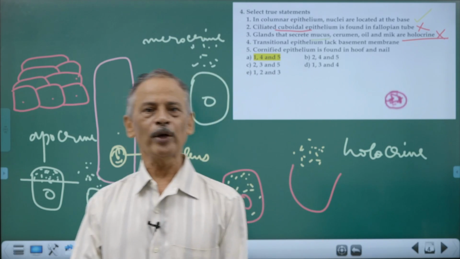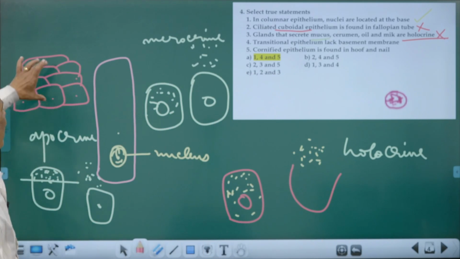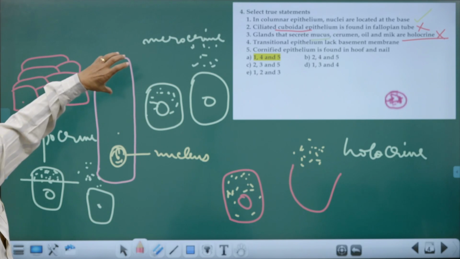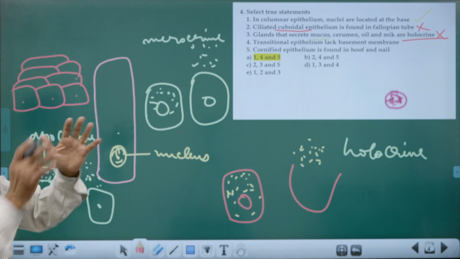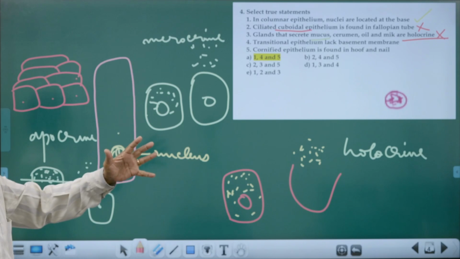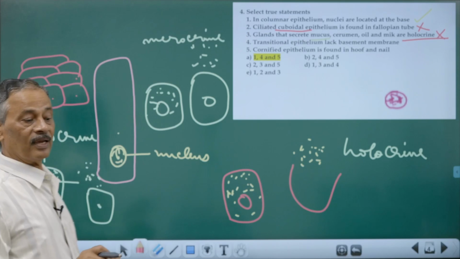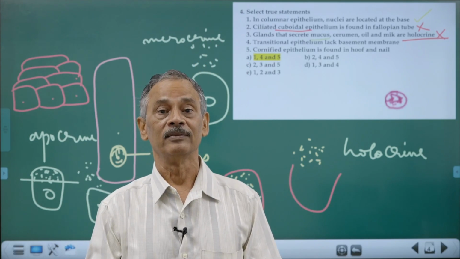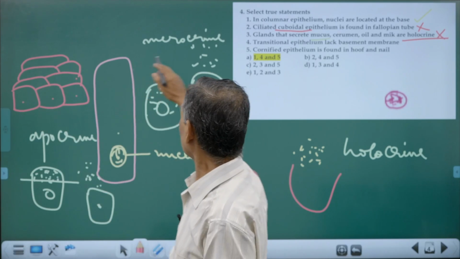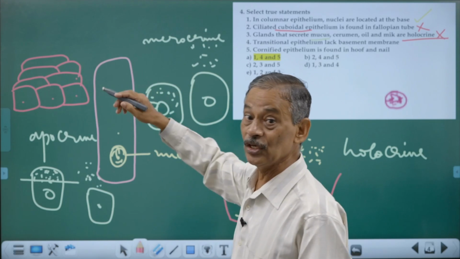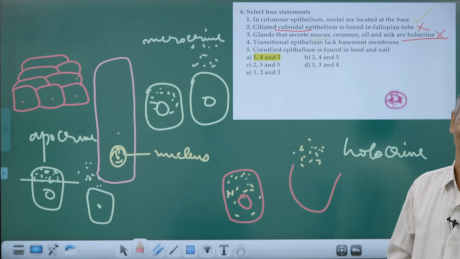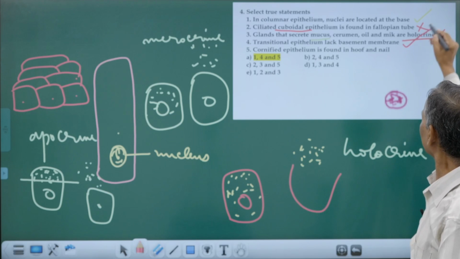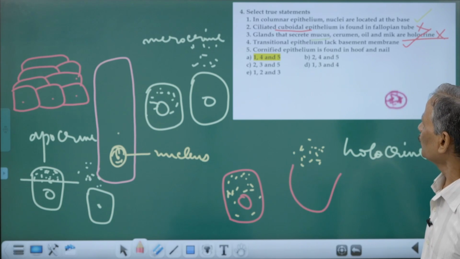These types of cells are frequently seen in areas subjected to stretching. They allow stretching. Another point is that such epithelia lack a basement membrane. This type of transitional epithelium is seen in the urinary bladder, ureter, etc. So transitional epithelium lacks a basement membrane. It's a correct statement.